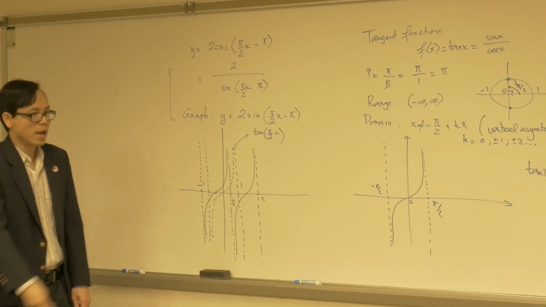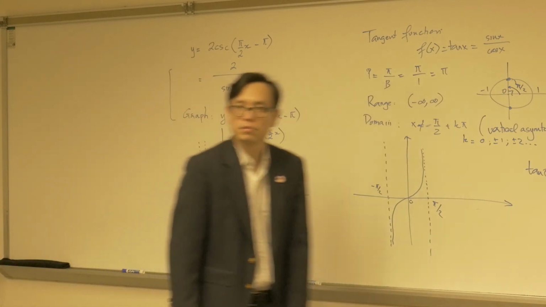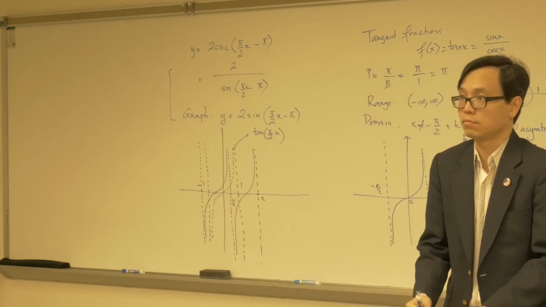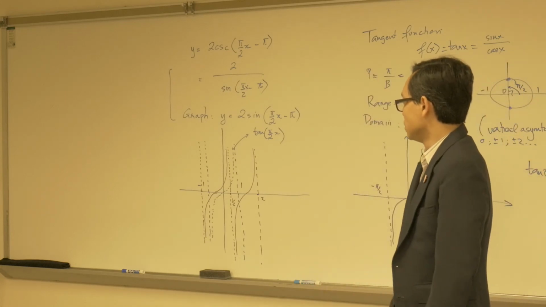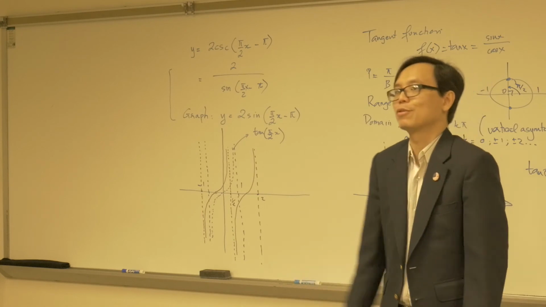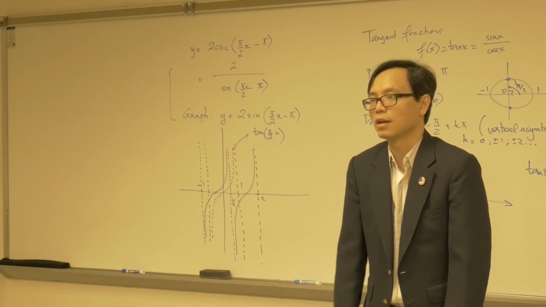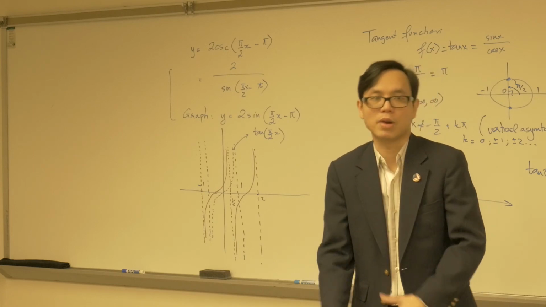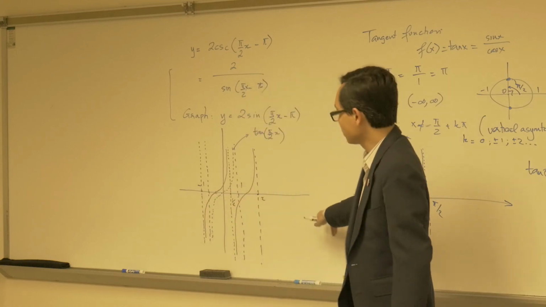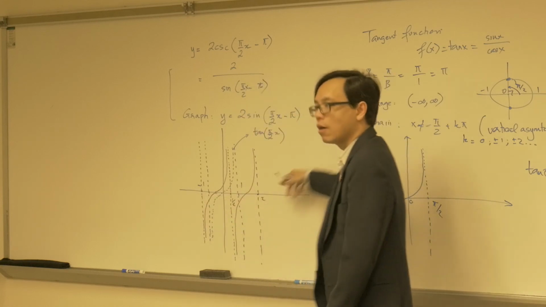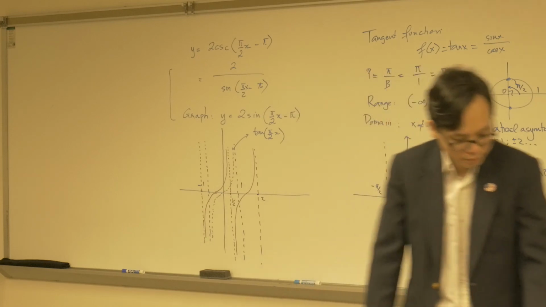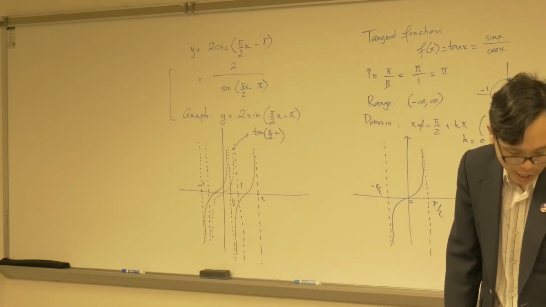The domain depends on the question, how much they want you to graph. If I don't put anything, you just need to graph maybe 2 or 3, and this could be enough. If I put something, for example, graph between -1 and 6, then of course you have to keep adding more periods, more branches there. So that's just the graph for tangent.